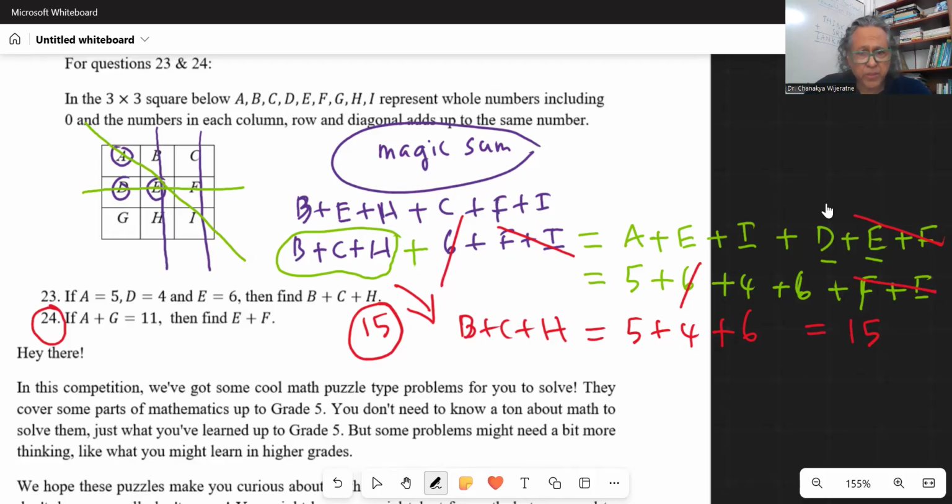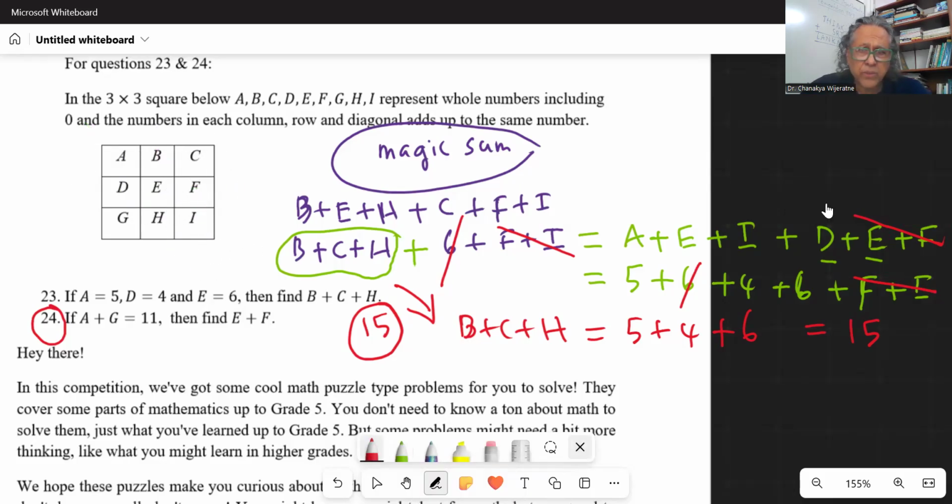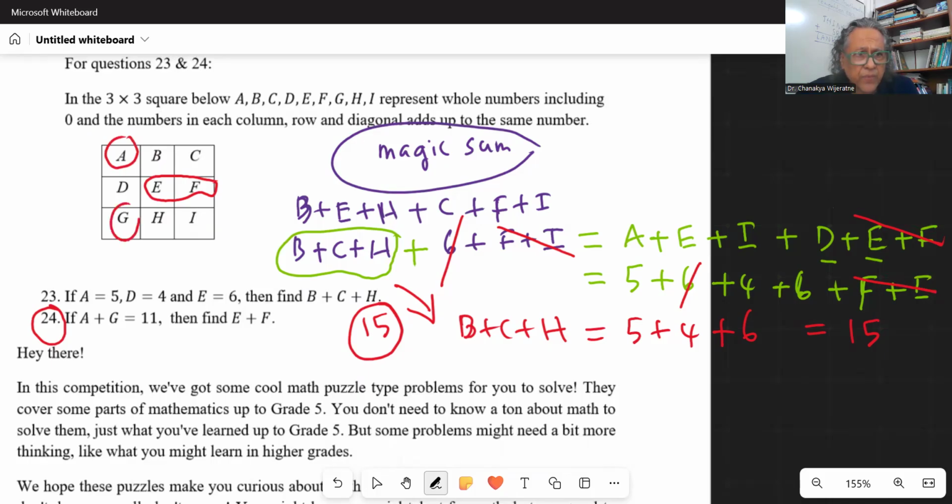Now what I'm going to do is erase these, then we can see what's going on. So we want E plus F, and we are given A plus G. A and G are given. So now you think visually.